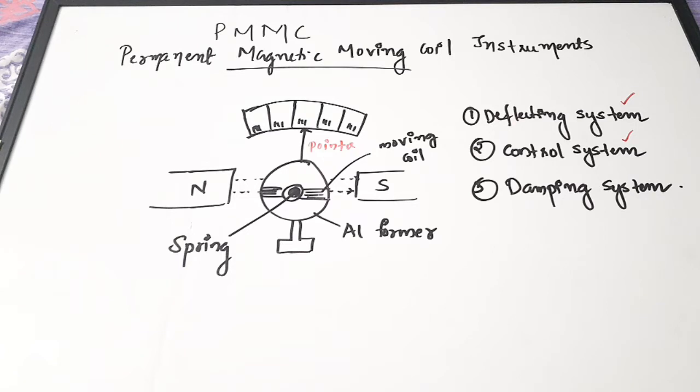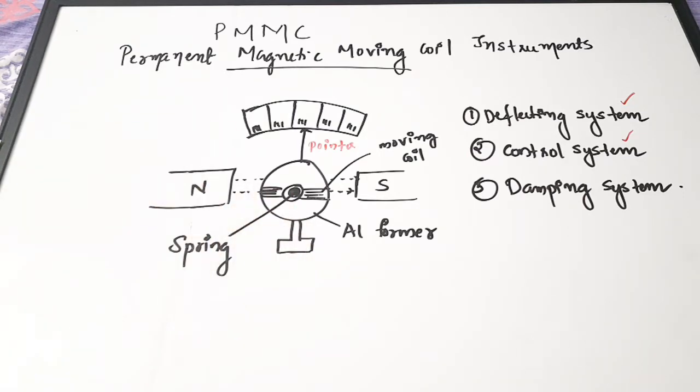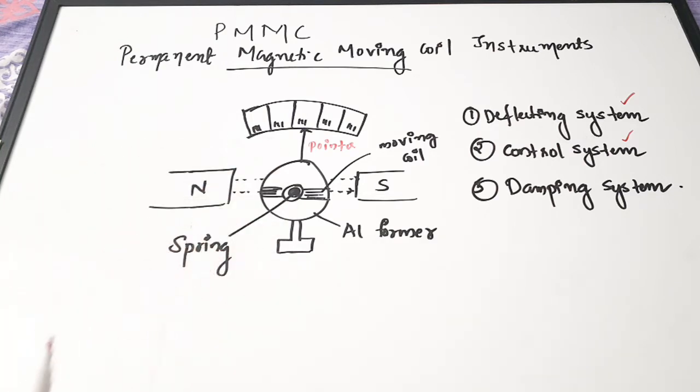When the coil wound on the aluminum former rotates in the magnetic field, an EMF is induced. If you provide a closed path, this EMF will create eddy current, and this eddy current will provide the necessary damping. We have also discussed the various types of damping systems.